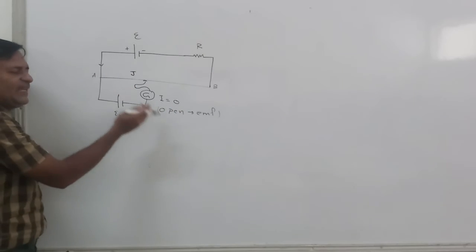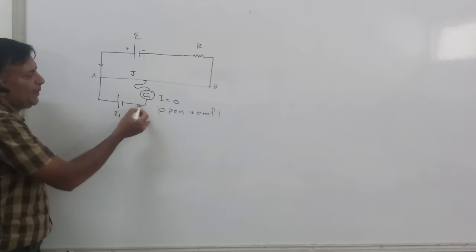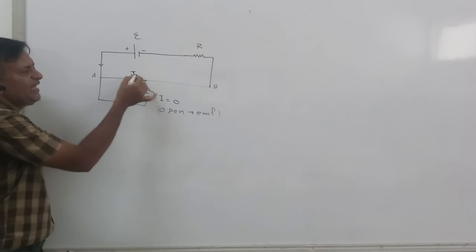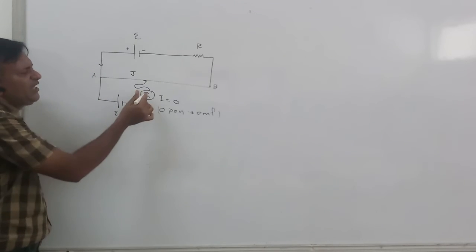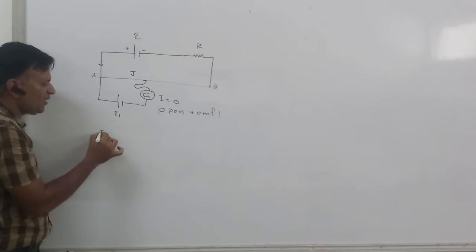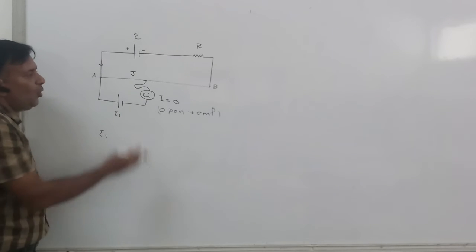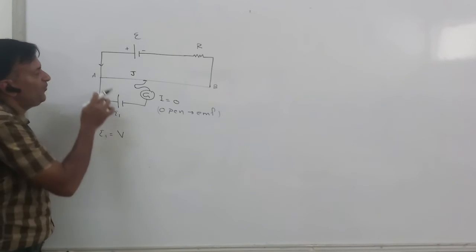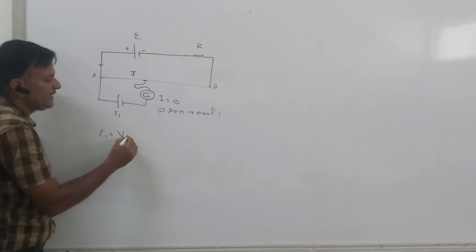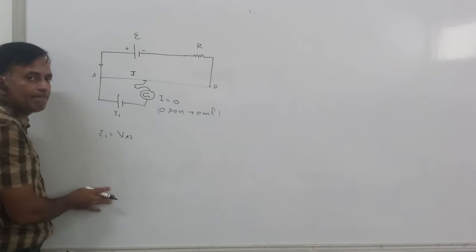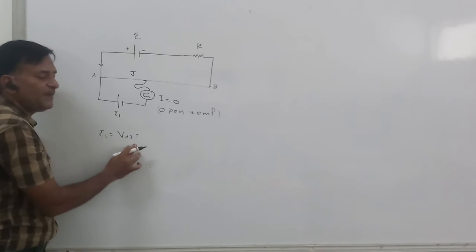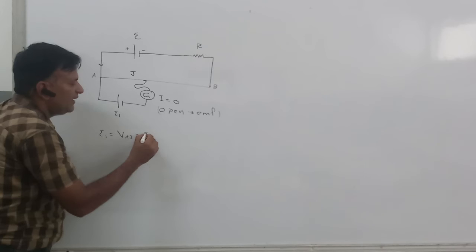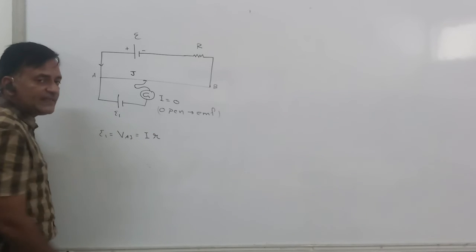Now if this is in open condition, the potential on this side of the meter is equal to the potential on the other side of the meter. What is the potential on this side? It is equal to EMF. What is the potential on the other side? It is the potential difference between points A and J. What is the potential difference between AJ? It is current into resistance.